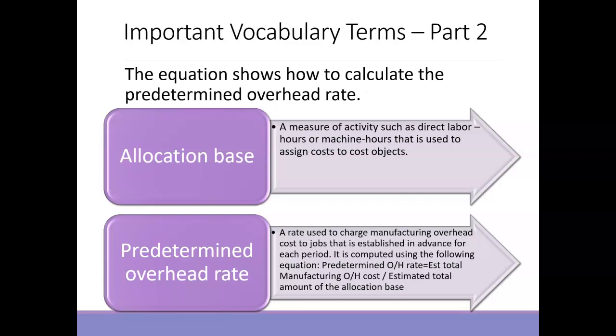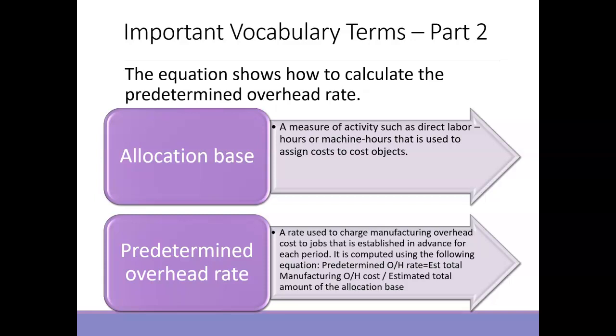Usually, companies will see how much indirect labor hours is assigned to a product, or if machine hours is a better avenue, we take machine hours. That's the allocation base. The predetermined overhead rate is the rate used to charge manufacturing overhead costs to jobs that is established in advance for each period.